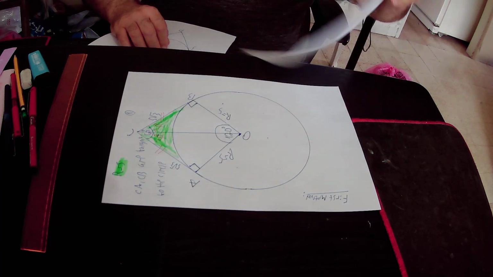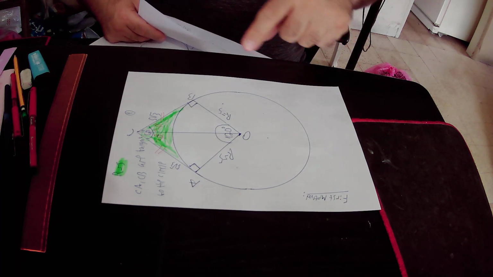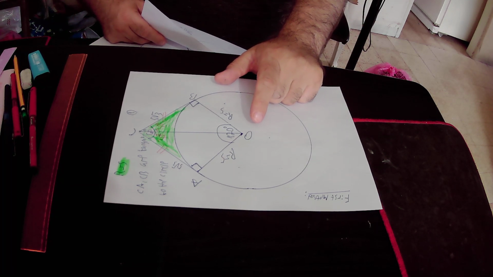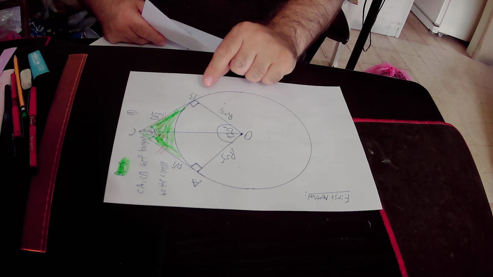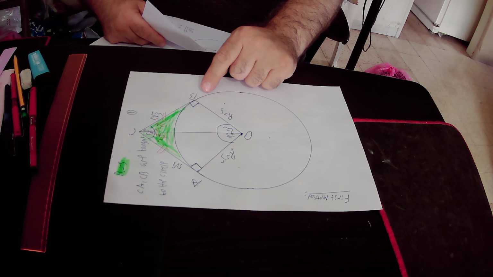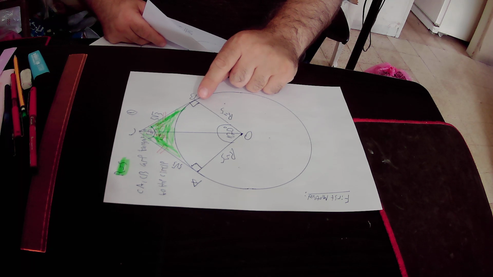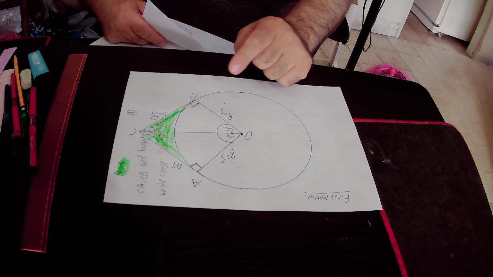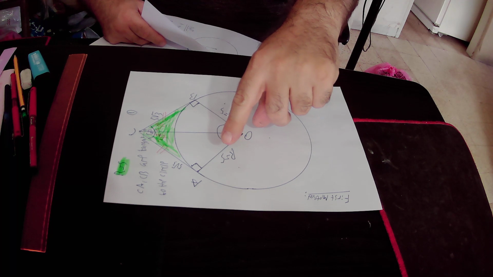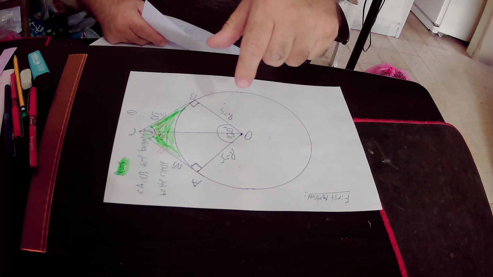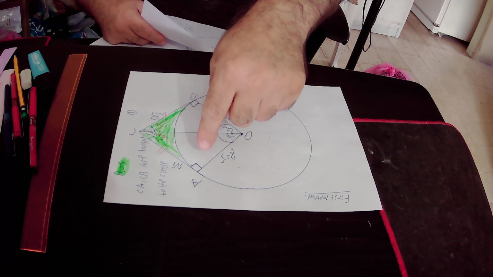So here we have tangent BC, and the radius is drawn to the point of tangency, that is to say to point B. Therefore, the radius is perpendicular to its tangent, that is to say this angle equals 90 degrees. And also here we have the radius that is drawn to the point of tangency, that is to say to point A. Therefore the radius is perpendicular to the tangent, that is to say this angle equals 90 degrees.